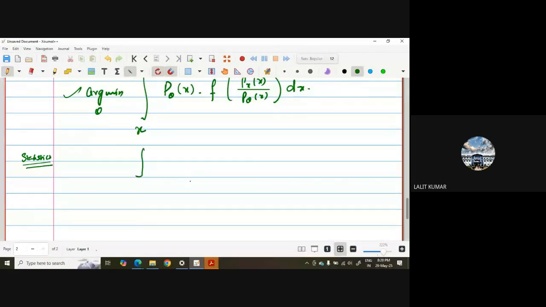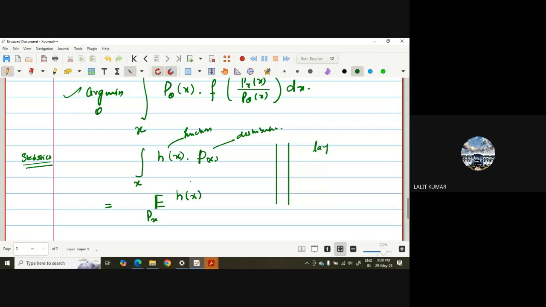So for example, if there is a function h(x) and a distribution p(x), so this is a function and this is a distribution, over x, this can be approximated by using the expectation of h(x) over p(x). This is given by our statistics, and this comes from, if I'm not wrong, the law of large numbers.